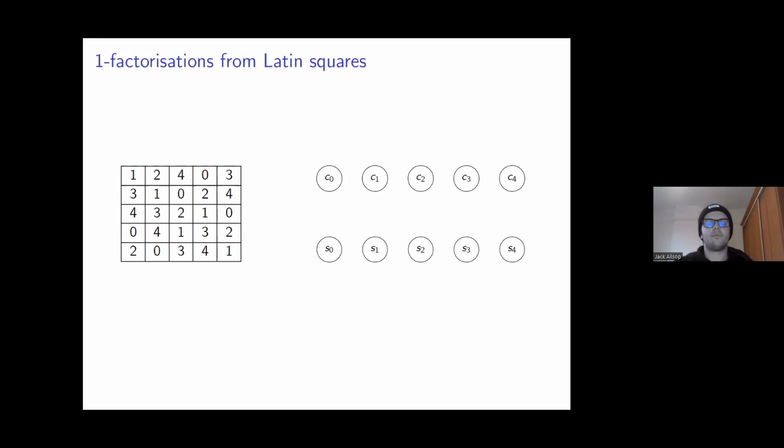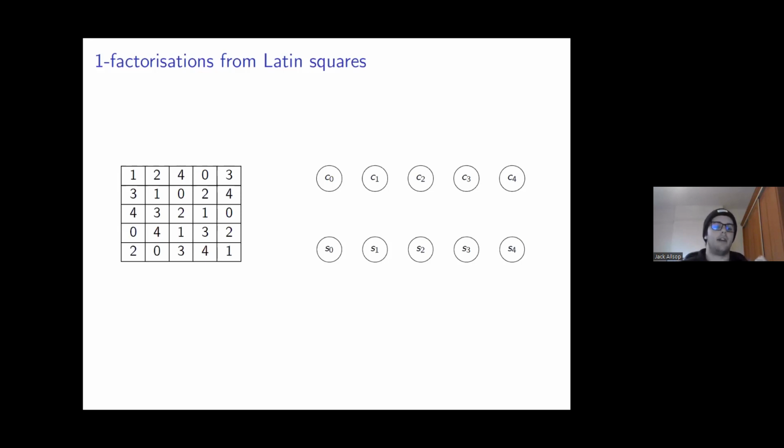So to go from a Latin square to a one factorization, you label each vertex in the top part of Knn by labels C0, C1 up to Cn minus 1, where the vertex Ci corresponds to the ith column of the Latin square. And then you label the vertices in the bottom part by S0, S1 up to Sn minus 1, where each label corresponds to a symbol of the Latin square.